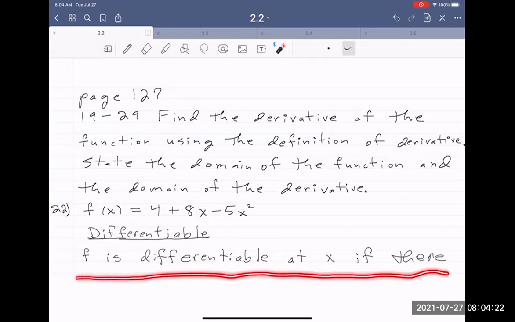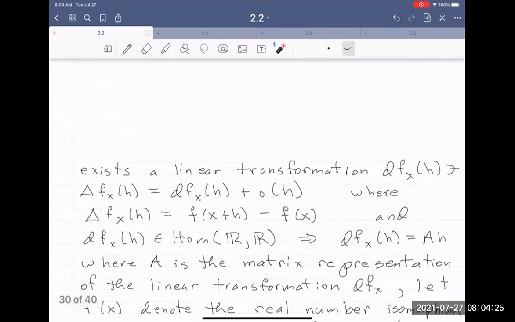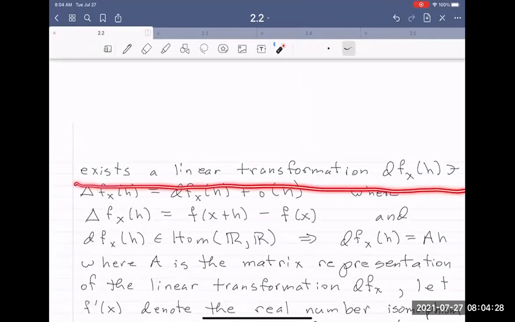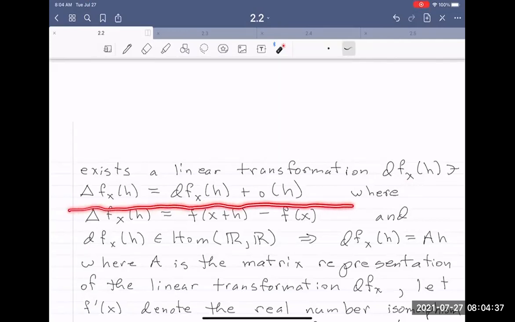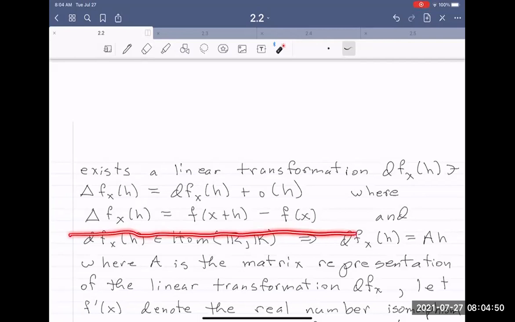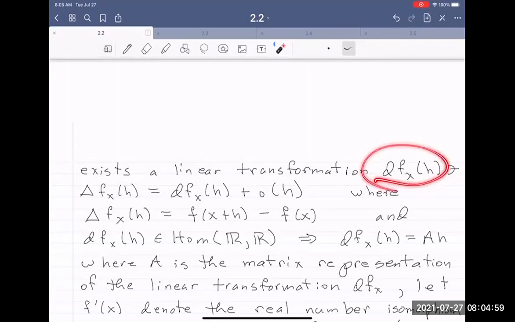F is differentiable at x if there exists a linear transformation df sub x at h such that delta f sub x at h is equal to df sub x at h plus little o of h, where delta f sub x at h is equal to f of x plus h minus f of x, and df sub x at h is a linear transformation from the reals to the reals.